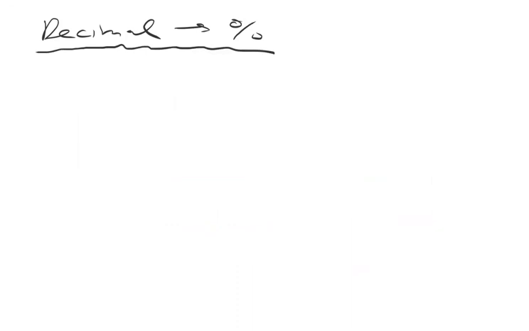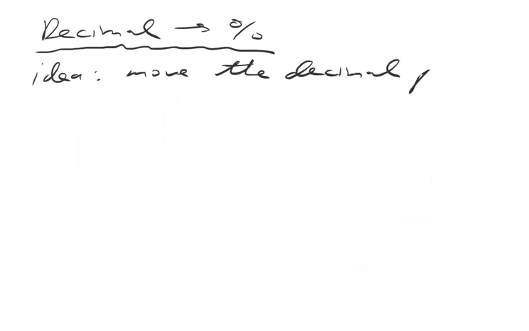Okay, that's percent to decimal. Now, what's decimal to percent? Obviously, it's pretty easy because you just do the reverse of what we did. So the idea here is to move the decimal point two places right.